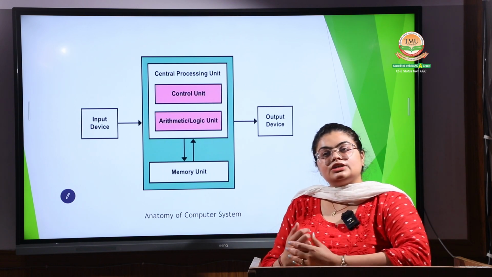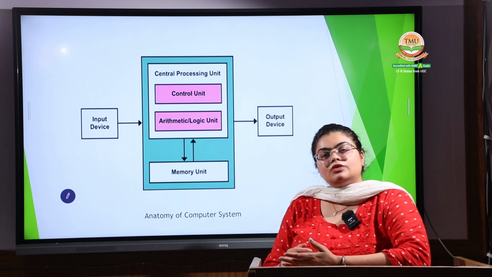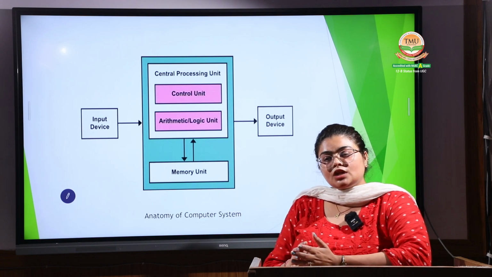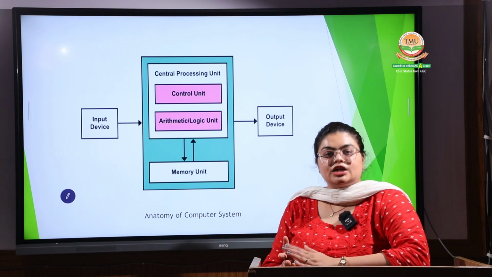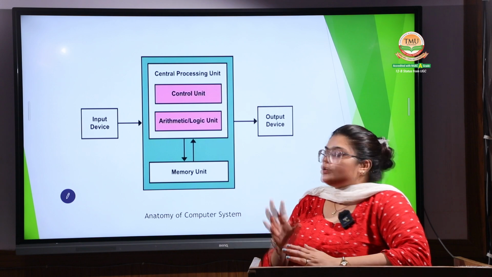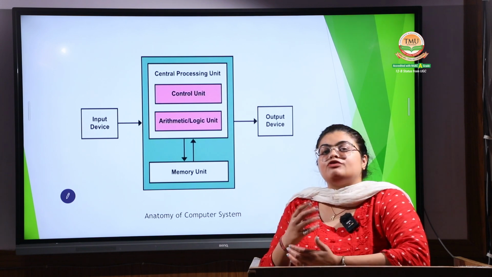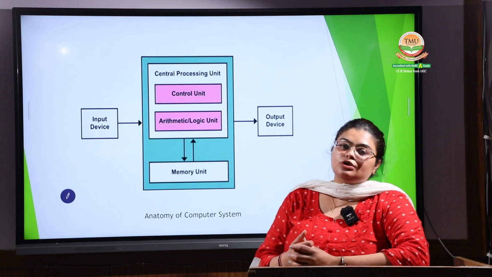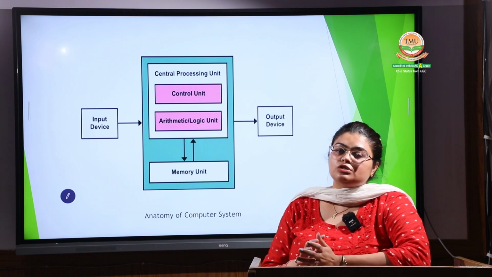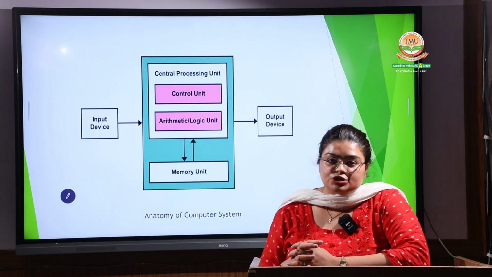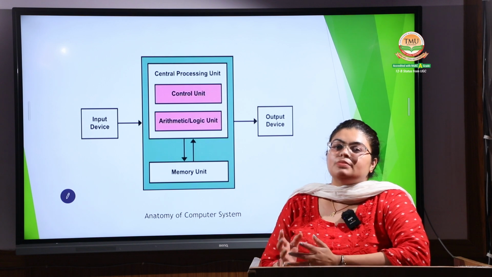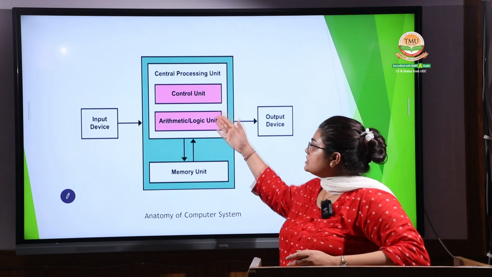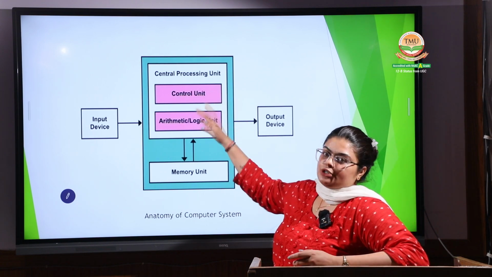Arithmetic logic unit is a unit which performs arithmetic and logical operations to convert the data into meaningful information, and control unit is the unit which controls all the operations in the right manner. So according to these units, a central processing unit works.